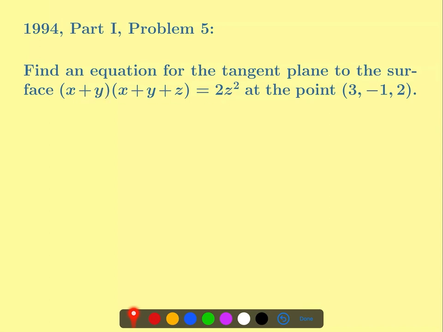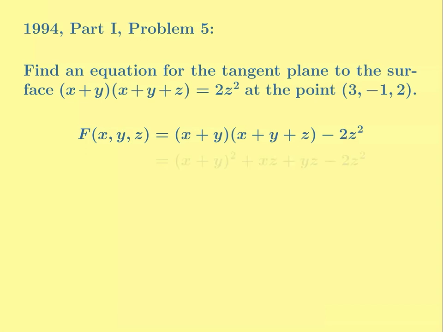Okay, so what we need for that is the gradient. But for this gradient, we go ahead and take the 2z squared on the other side. And we get this function x plus y plus z minus the 2z squared equal to 0. So again, you take everything on one side, and your function comes from having all those variables on one side. So we want to take the gradient of this.